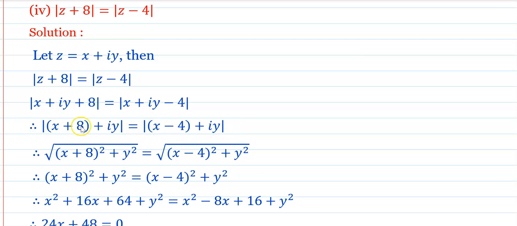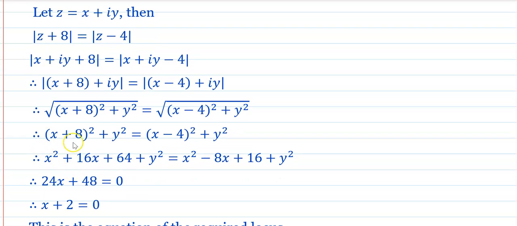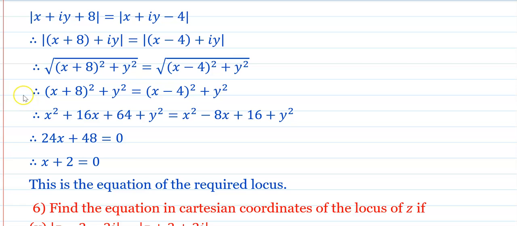Now the value of mod of x plus 8 plus iy is root of x plus 8 bracket square plus y square is equals to root of x minus 4 bracket square plus y square. Squaring on both sides, then you will get x plus 8 bracket square plus y square is equals to x minus 4 bracket square plus y square. Okay. Expansion: x square plus 16x plus 64 plus y square equals x square minus 8x plus 16 plus y square.